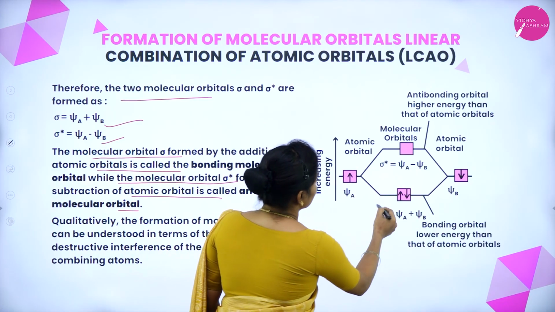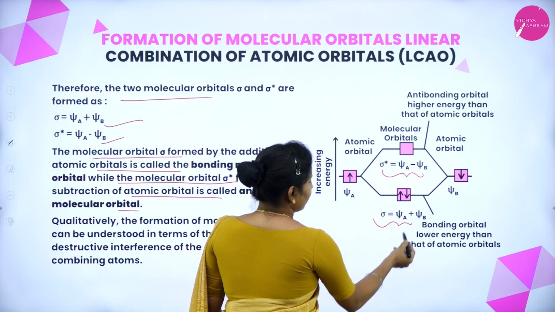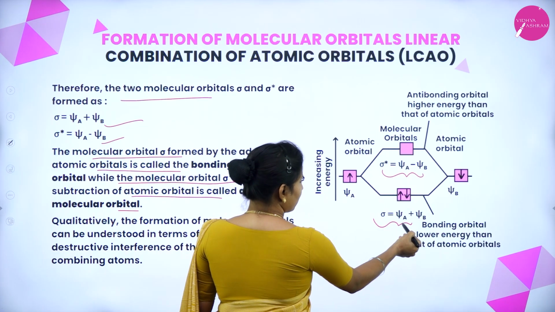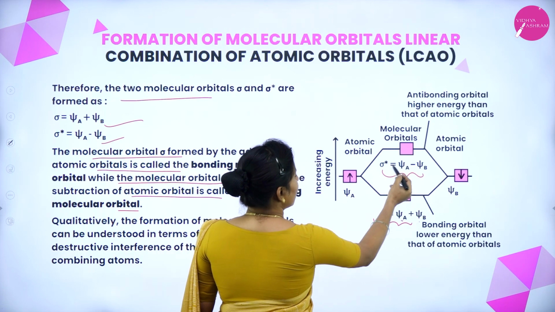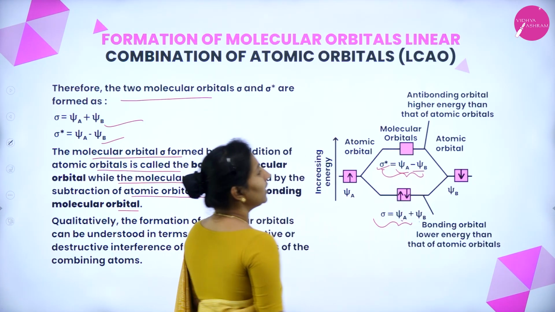This is sigma and this is sigma star: sigma is the addition of psi A and psi B, and sigma star is the subtraction of psi A and psi B.